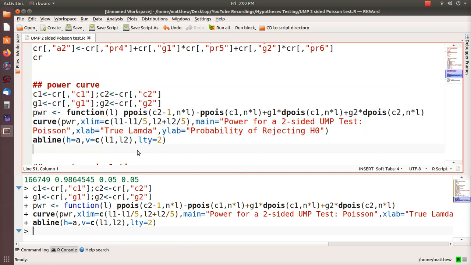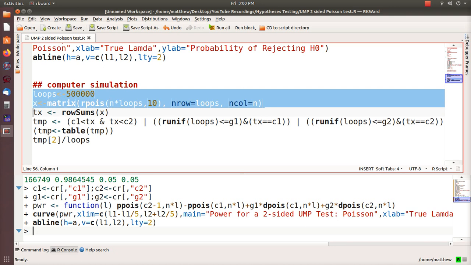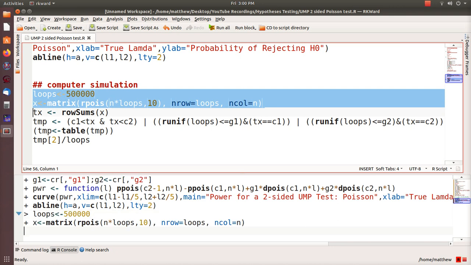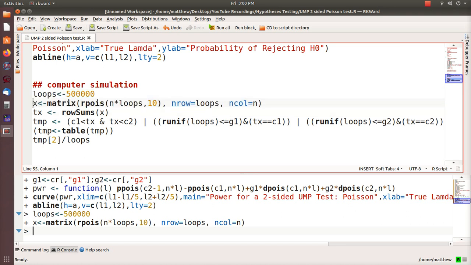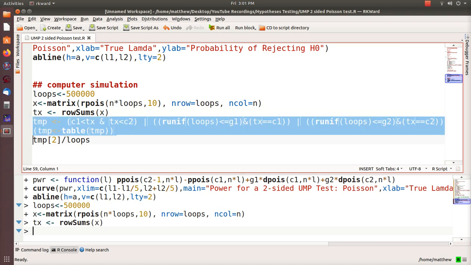Now let's do a little computer simulation of, let's say, 500,000 replications. So we're going to create a matrix with 500,000 rows and n, which is 25, columns. Each row will represent a sample of size 25. Then we take the row sums of each of those, and that row sum is the test statistic for one of our samples. We see if it falls into the rejection region.